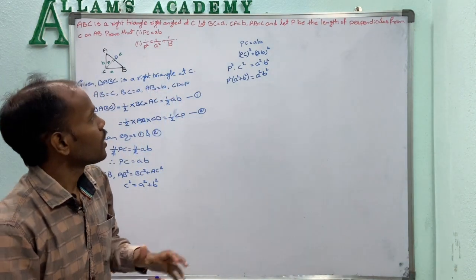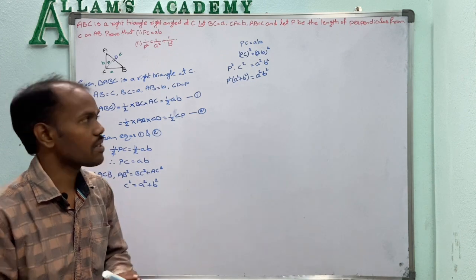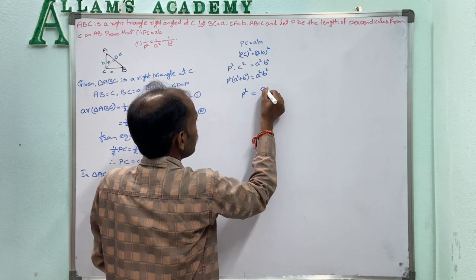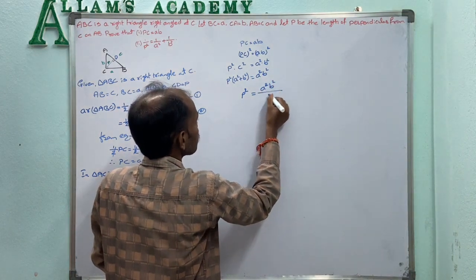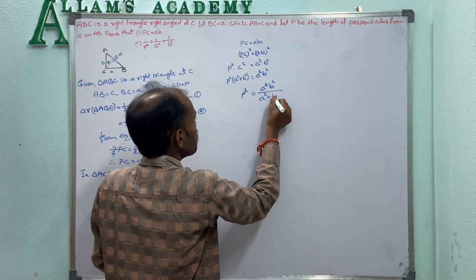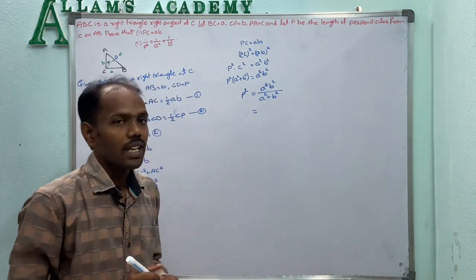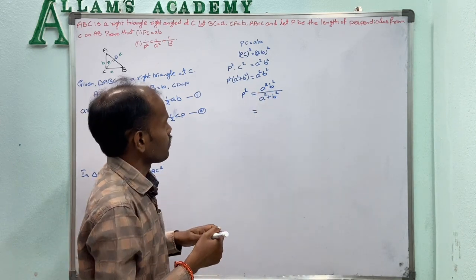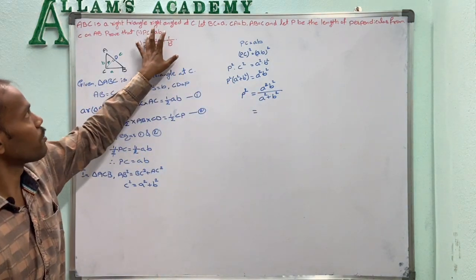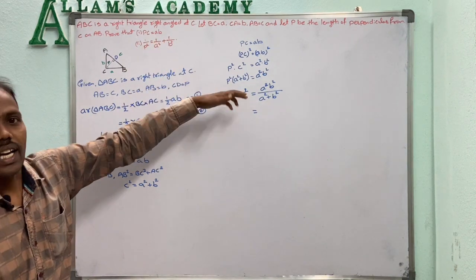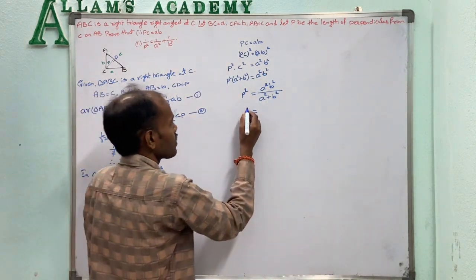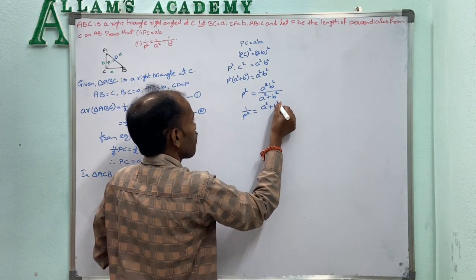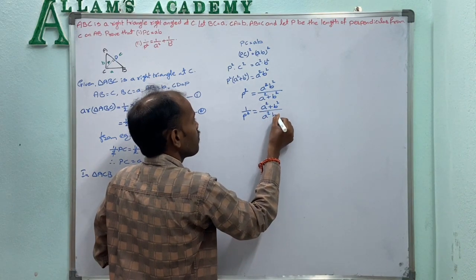Now this multiplication A square B square, transferring that side, it will be dividing. So P square equal to A square B square by A square plus B square. Now for our answer, 1 by P square, writing the reciprocals, 1 by P square equal to A square plus B square by A square B square.